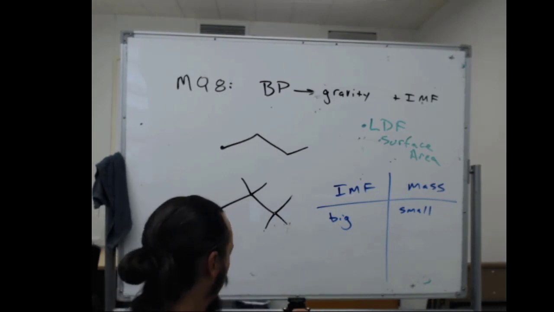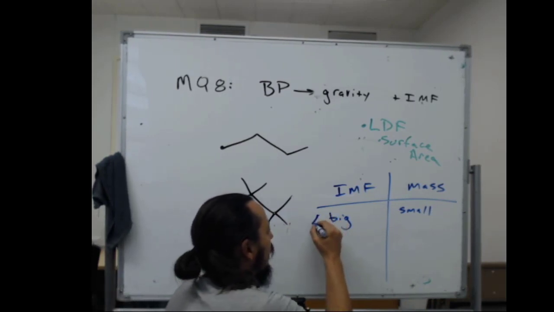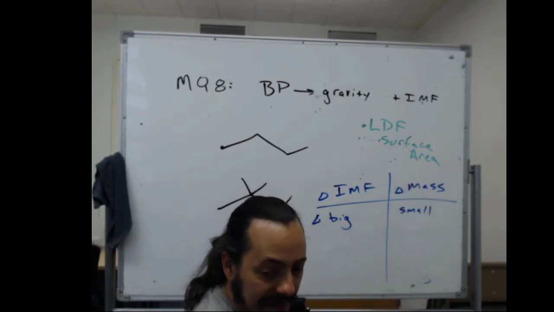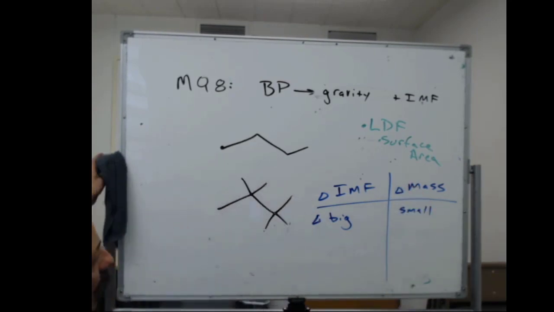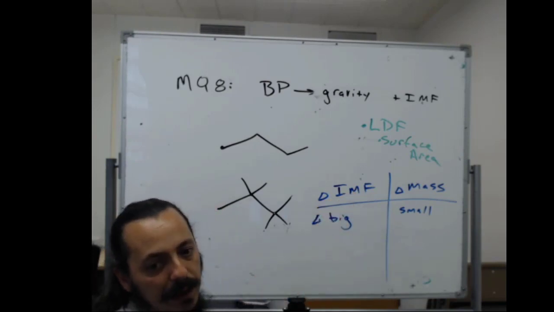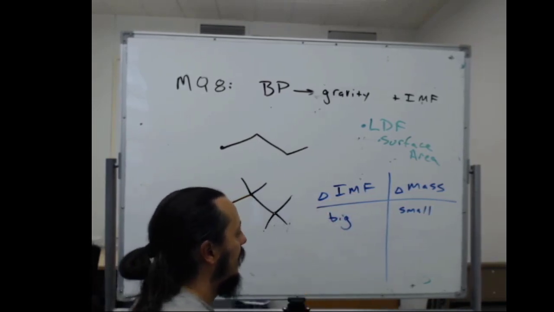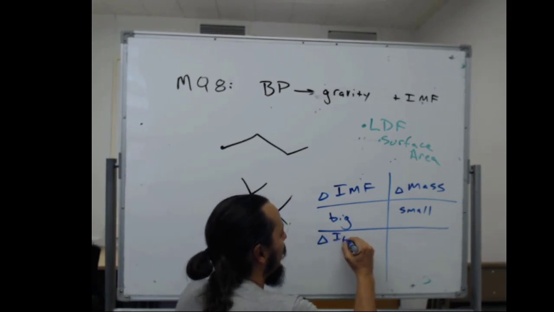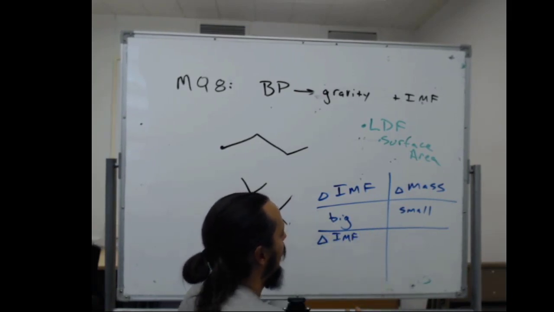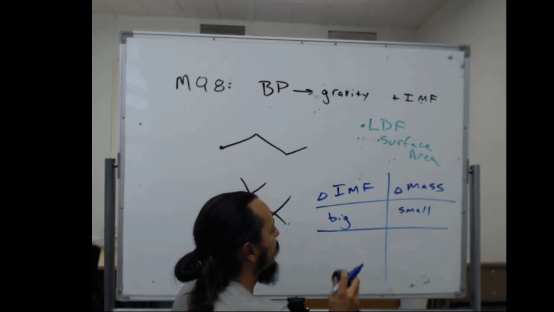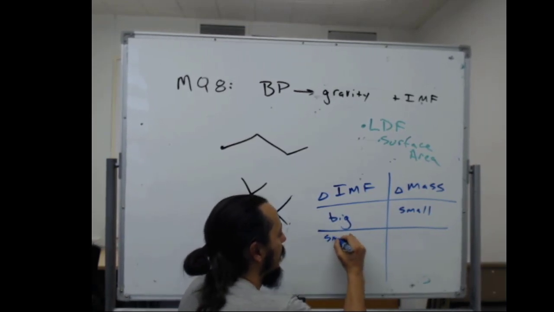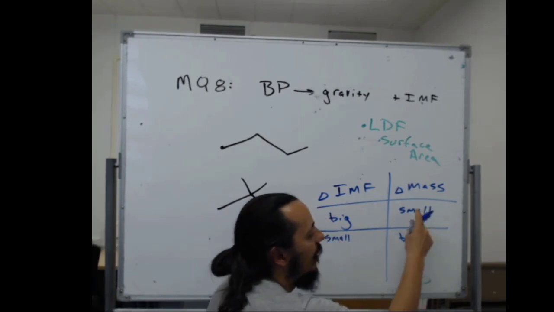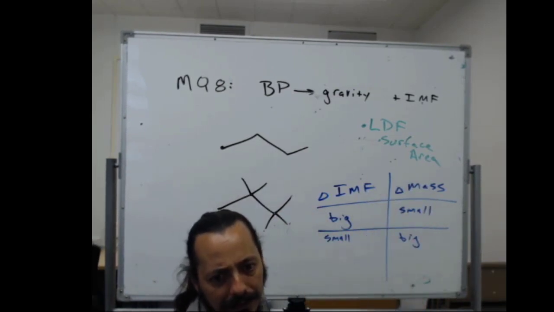If the difference in IMFs is big and the difference in mass is small, clearly the IMFs are going to dominate. If the difference in IMFs is small and the difference in mass is big, then mass will dominate, obviously.